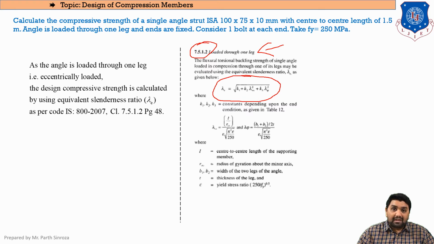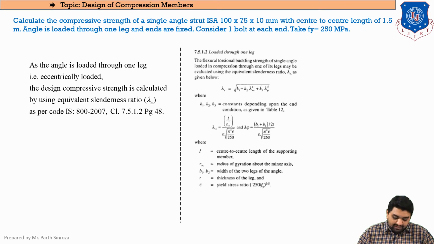But for the case of eccentric loading, we'll always use this equation from page number 48, and we'll be using this lambda e, that is our eccentric slenderness ratio. Clear? So we'll be focusing on this term. This is the only change between a concentric loading and a loaded through one leg or eccentric loading. Clear? The only difference will be the equation to find lambda.